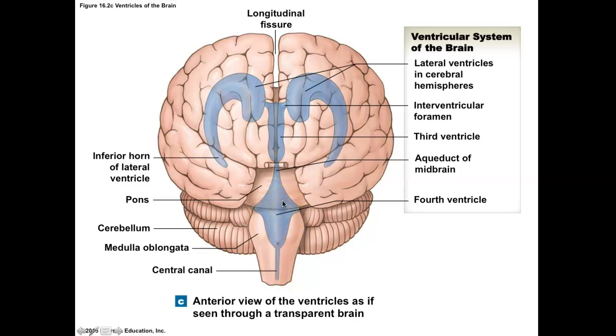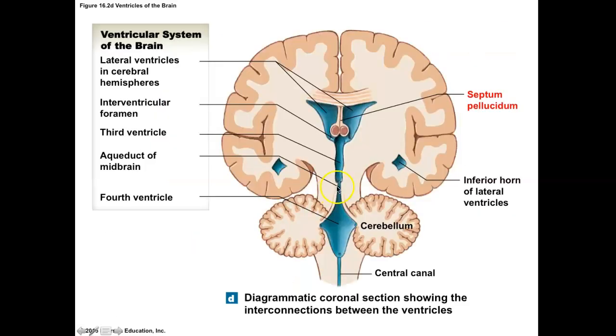Let's find the septum pellucidum. So in this view, we took a frontal section of the brain, and those spaces, again, those are our 2 lateral ventricles. And then here we have that sheet of connective tissue that hangs down and separates the 2 lateral ventricles. So this is what's called the septum pellucidum.